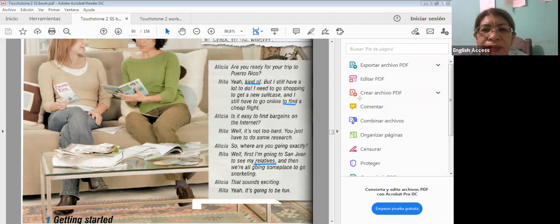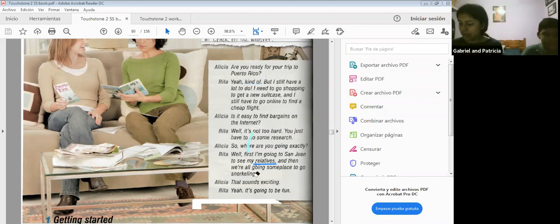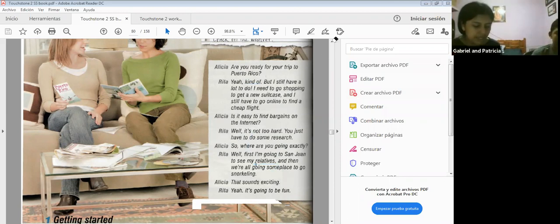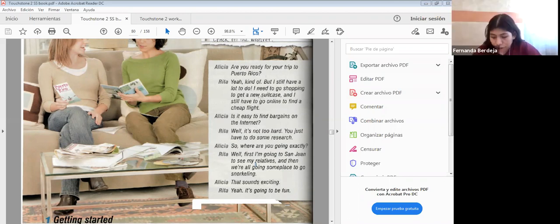Okay, let's begin, please. Are you ready for your trip to Puerto Rico? Yeah, kind of, but I still have a lot to do. I need to go shopping to get a new suitcase, and I still have to go online to find a cheap flight. Is it easy to find bargains on the internet?